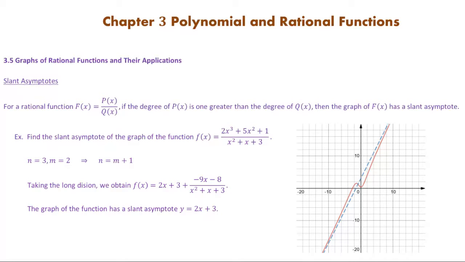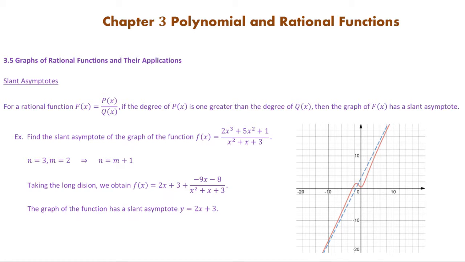So how do you know there's a slant asymptote of the rational function? Again, you just take the quotient of two polynomials to get a rational function, and the quotient you get gives you the slant asymptote, but that only happens when the degree of the top polynomial p is 1 greater than the degree of q at the bottom.